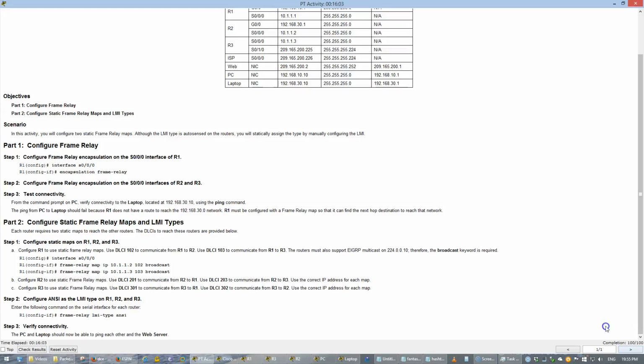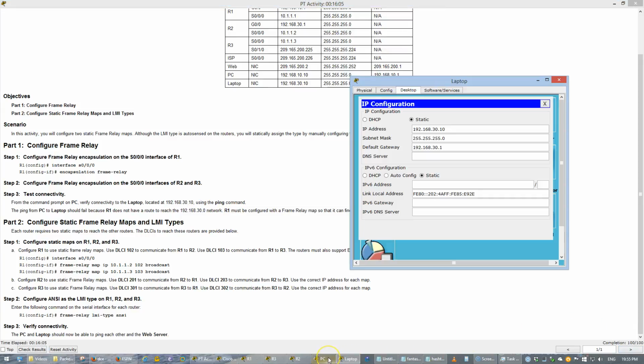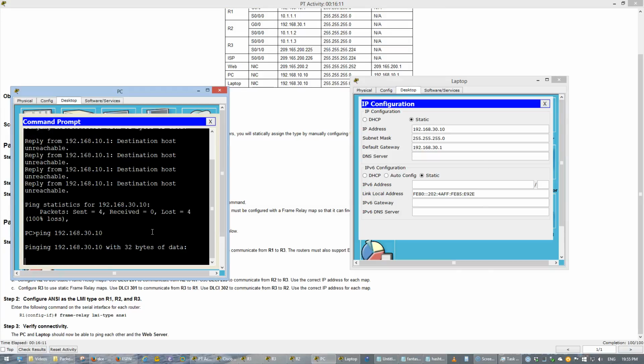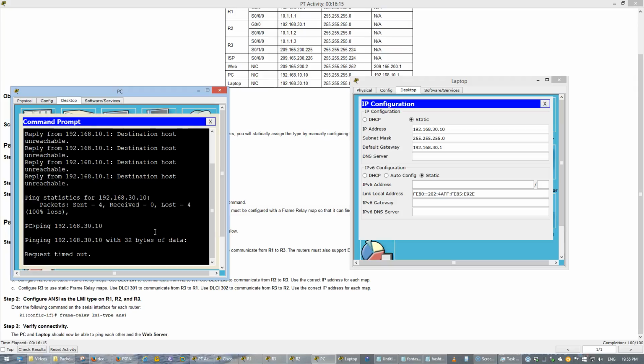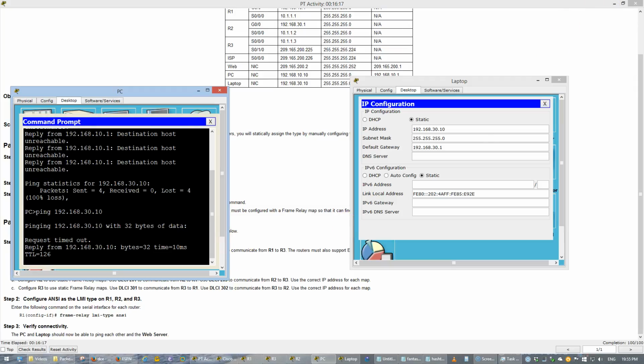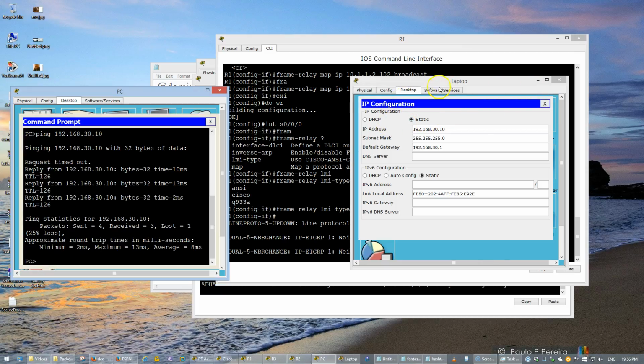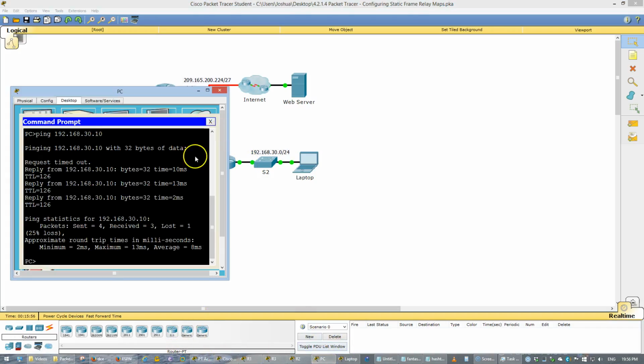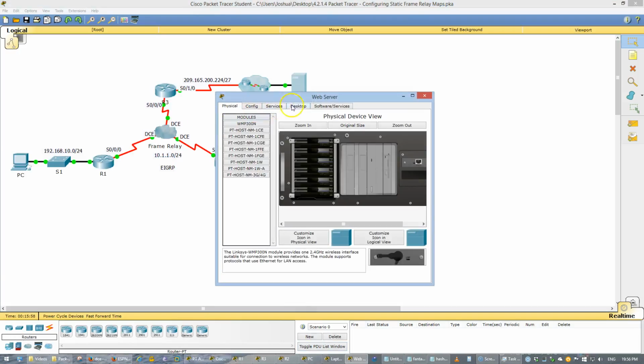Got 100% here. Should be able to ping now from the PC to the laptop. Oh, I'm supposed to ping the web server. Either way, I can get through to the laptop. Here's the PC to the web server.